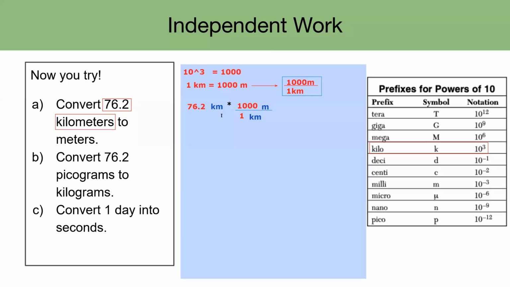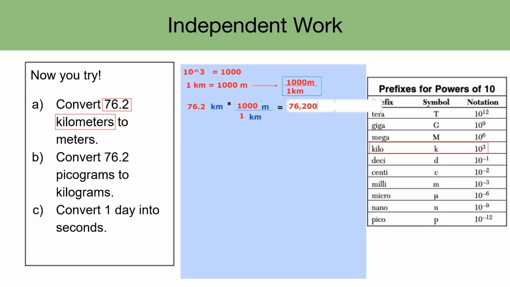And now all we do is we're going to multiply. So what are we going to get here? Well, let's just use our calculators and let's figure it out. So we have 76.2 times 1,000. Pretty much what we're going to end up with is 76.2 thousand.